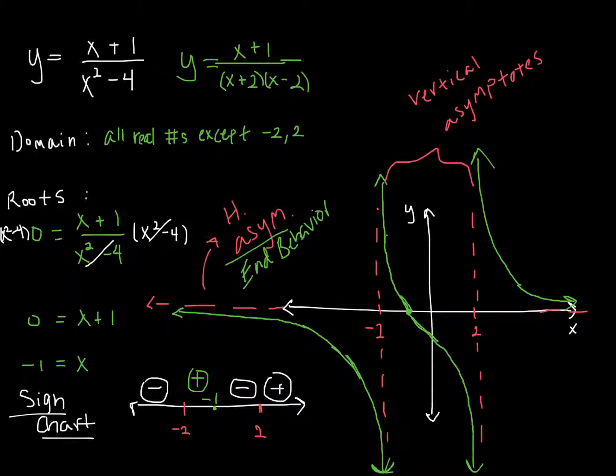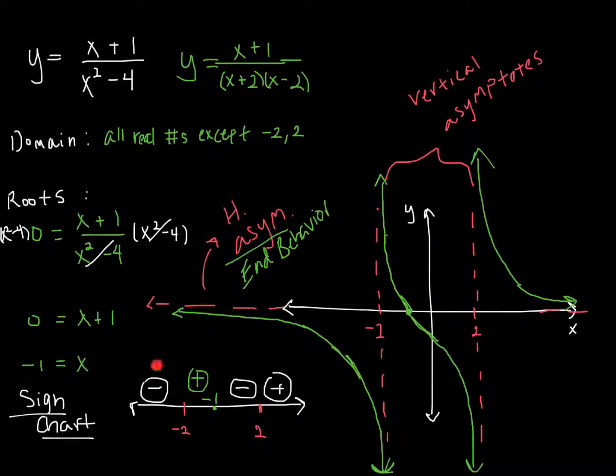Alright, so that was a lot, and that might seem like this is going to take forever and ever, but I really went through the nitty-gritty of the details that, when you're practicing them over and over again, are going to come very, very quickly. So what we've learned here is that using the domain and the roots, we can find what's called critical points. Okay, these are the points that I'm plotting to start off with that really help me understand what my graph is doing.